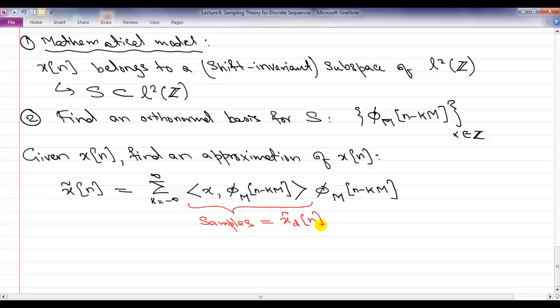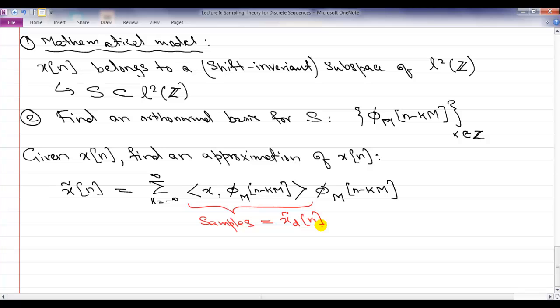And now we can ask the question, how are we going to implement this sampling operation? And we already talked about it. The sampling operation simply corresponds to taking inner products of my sequence with all possible shifts of this phi m.